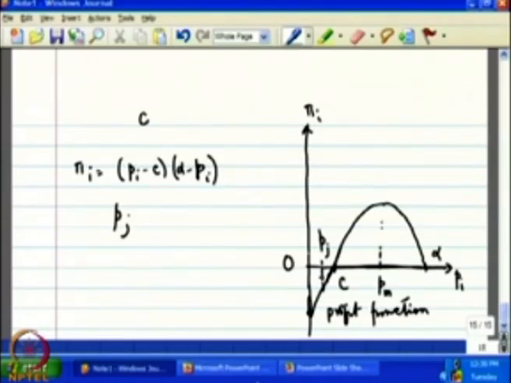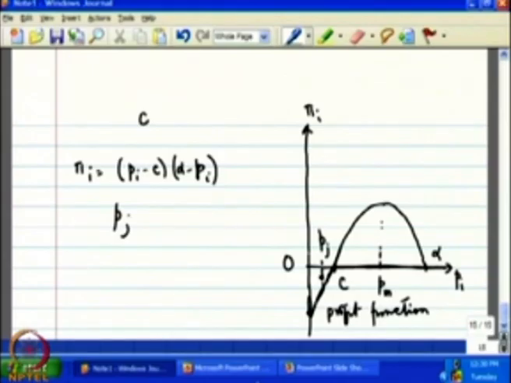If I charge a price just equal to Pj, then the market is divided between him and me, and so I get half of the profit that he is earning, a negative profit, so I get half of that.